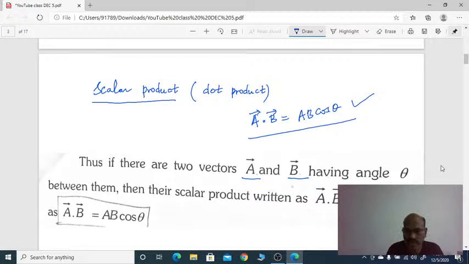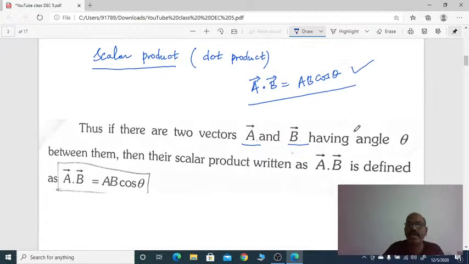In this scalar product, in the three-dimensional coordinate axes, the unit vector along the x-axis is i cap, along the y-axis j cap, and along the z-axis k cap. We all know a unit vector is one whose magnitude is 1.